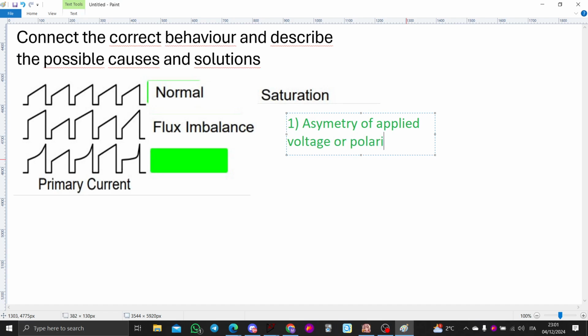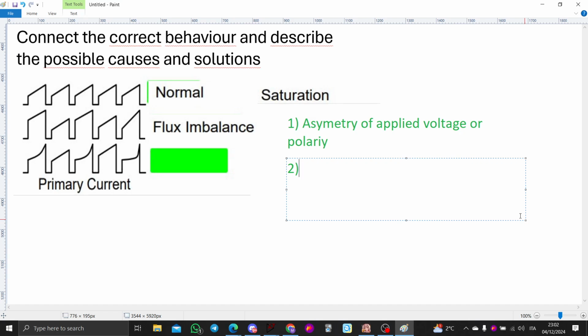or polarity, and second, we can have high ripple or partial saturation.